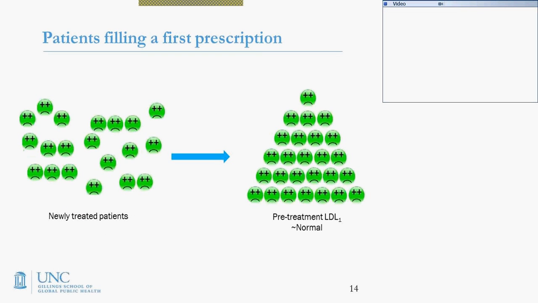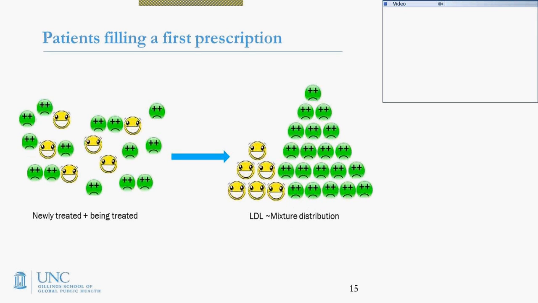If all the patients we selected are newly treated patients, their LDL should follow a normal distribution. If some patients have already been treated through free samples, we'll have a mixture of those patients and those who have been treated without samples.